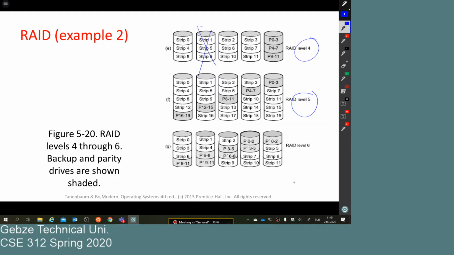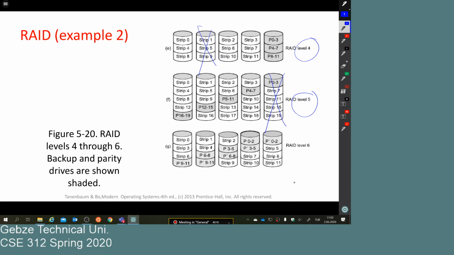No. Well, if the parity disk crashes, I am in the same situation. There is no difference. By the way, the parity disk is not used for checking. The parity disk is there, and if there is a crash, I have a way of recovering.